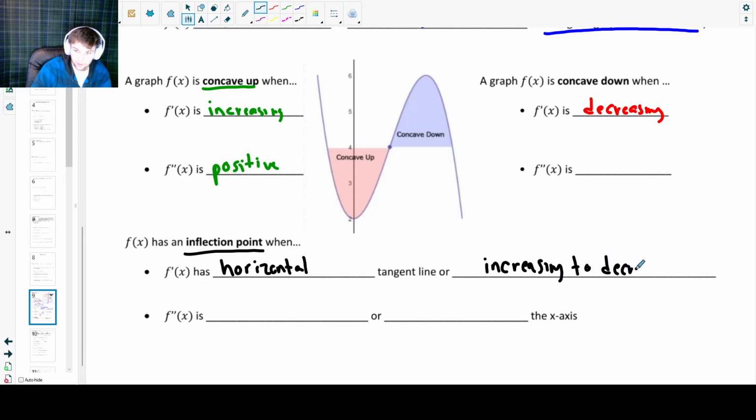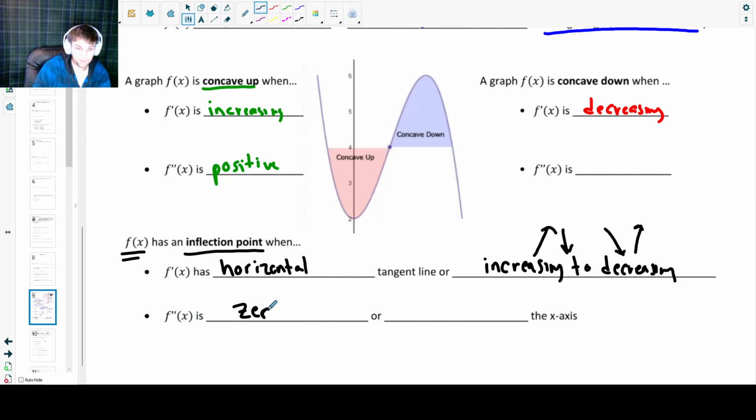It could also go the other direction. It could go from increasing to decreasing, or from decreasing to increasing. Both of those situations would indicate an inflection point in our original function, f of x. Or the other thing is f double prime of x is 0.